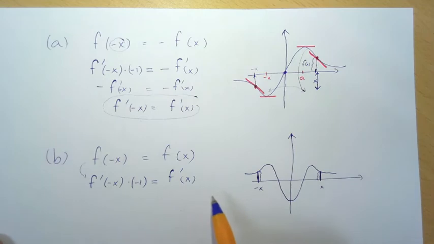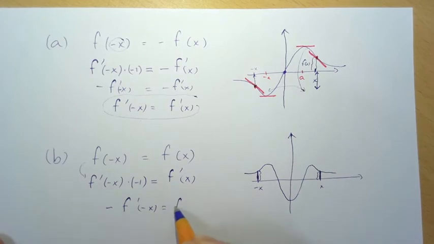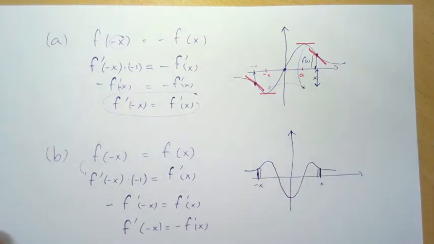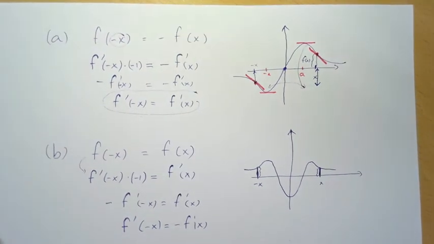So I took the derivative on this side. And if I rearrange this, it's just negative f prime of negative x equals f prime of x. Or, if you prefer, you can multiply by negative 1. We get f prime of negative x equals negative f prime of x. So this time, the derivative is odd.